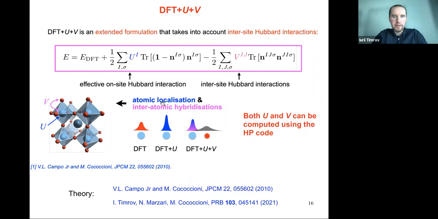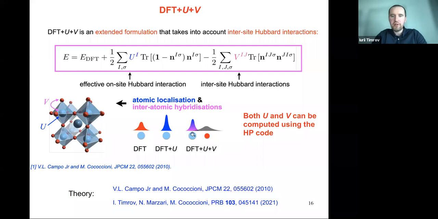And in this cartoon, we see that in DFT, 3d electrons are over-delocalized. In DFT plus U, we are putting a plus U correction. So it's a penalty. We are localizing electrons, so they become less spread and sharper. And in DFT plus U plus V, in fact, we apply plus U to make it sharper, so to localize 3d electrons.